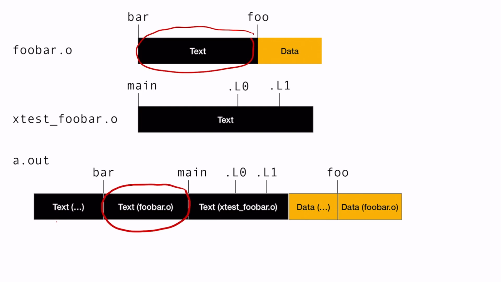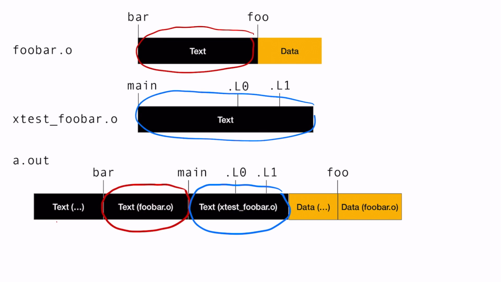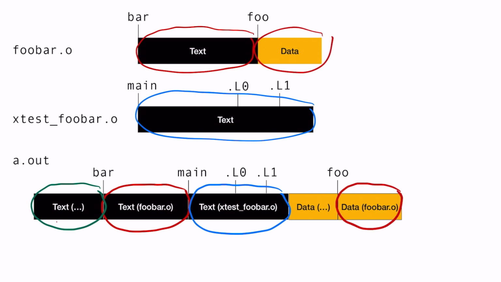And this part of the text segment comes from here. So from these 2 object files, we have these 2 parts in the text segment in the executable. And this part of the text segment comes from the libraries. Also for the data segment, this part of the data segment comes from here. And this part of the data segment comes from the libraries.